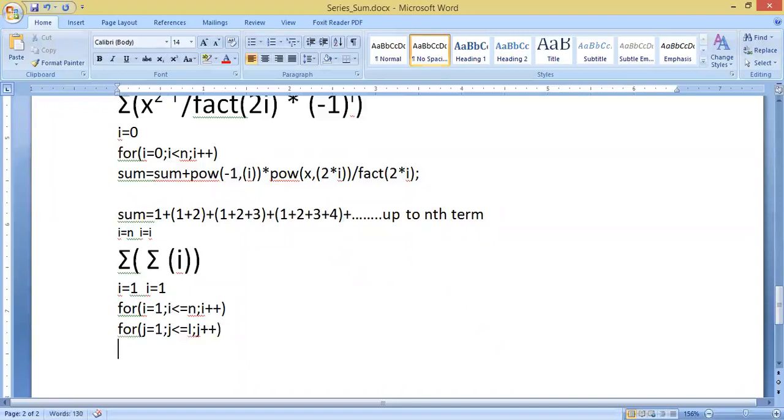Now what will be written here? Sum is equal to sum plus j. So now I should correct this j. Sir, j is equal to i, that's it. Now it is correct, right? Yes sir. So within the summation also it is j. Good, this will be done.